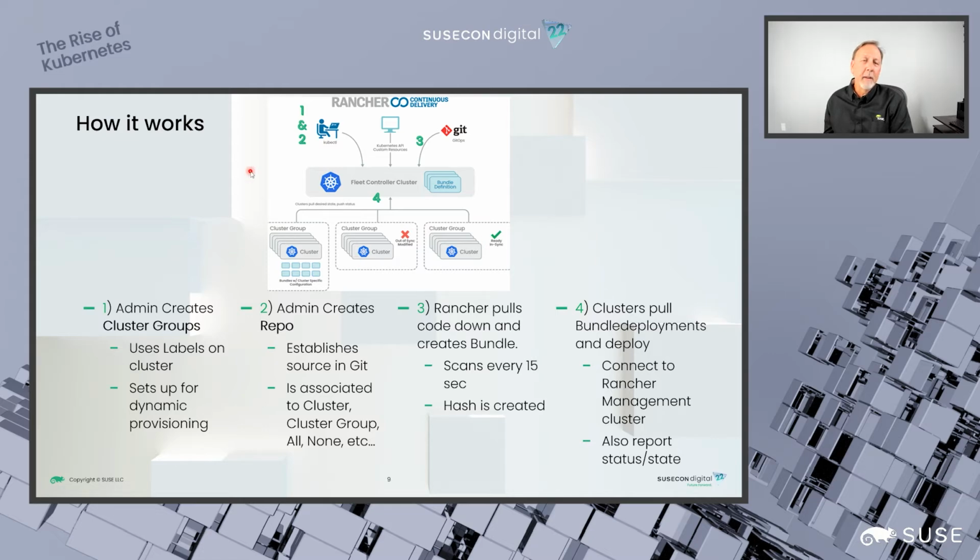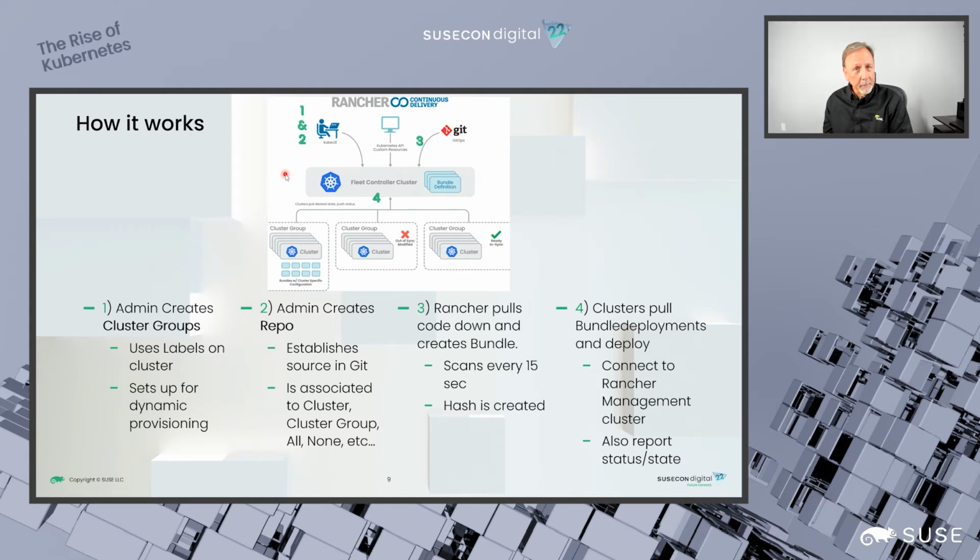And it sets up for a very easy dynamic provisioning component, so that once I've established these cluster groups in the first place, as I build new clusters, by appropriately labeling those clusters to match the groupings that I've created, I can then get a full automated building of a cluster that assigns the appropriate labels, that then associates them with the appropriate cluster groups within continuous delivery, and therefore everything else flows. And we'll see what those things are.